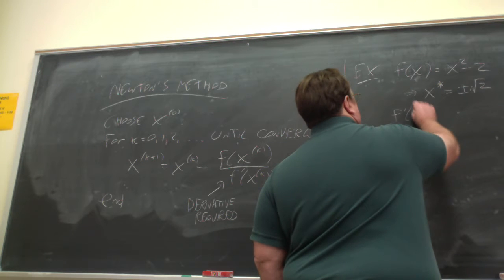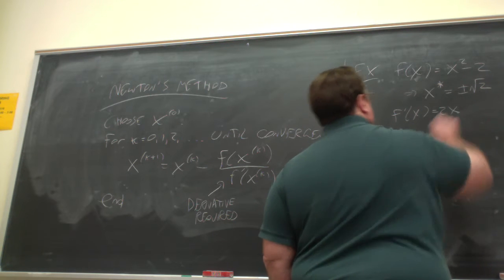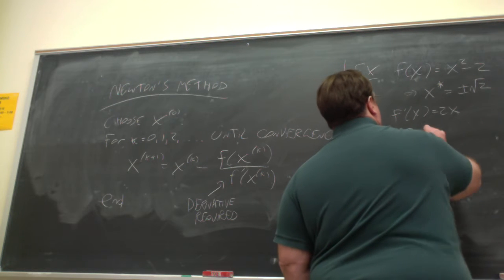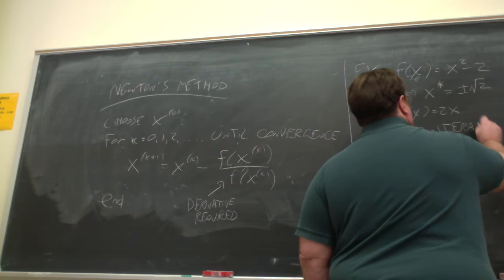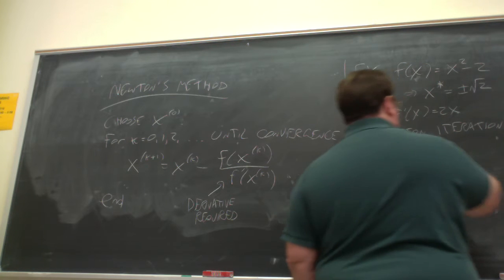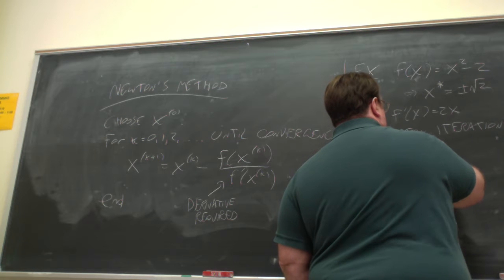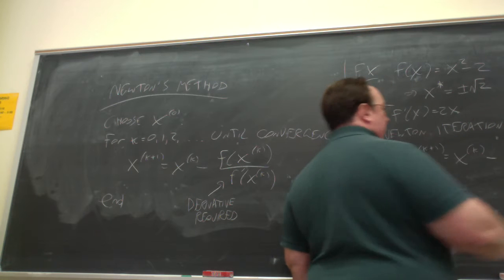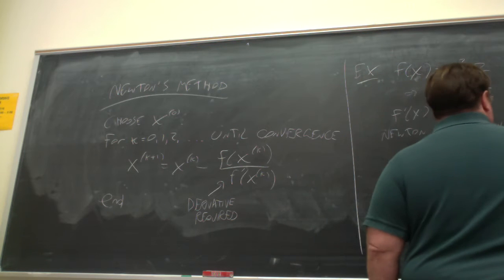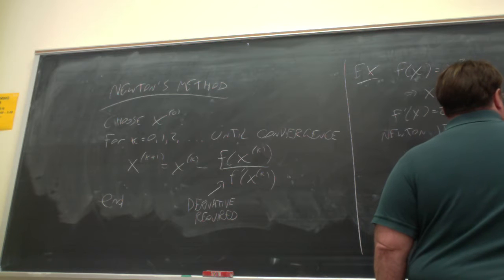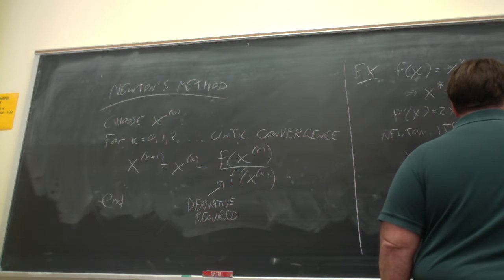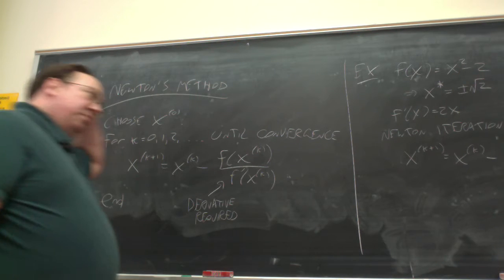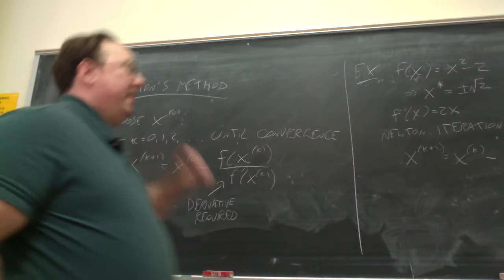So f prime of x is equal to 2x. So then our Newton iteration is the following: xk plus 1 is equal to xk minus, so up top I'll have the function, xk squared minus 2, all over the derivative, 2xk. But now what I'd like to do is simplify that.